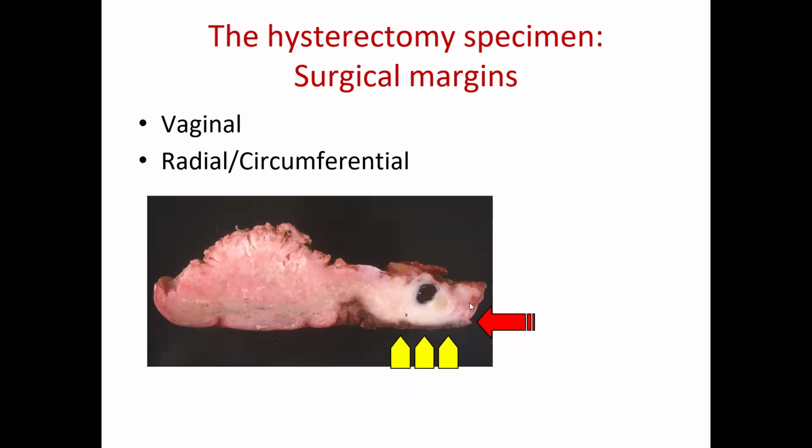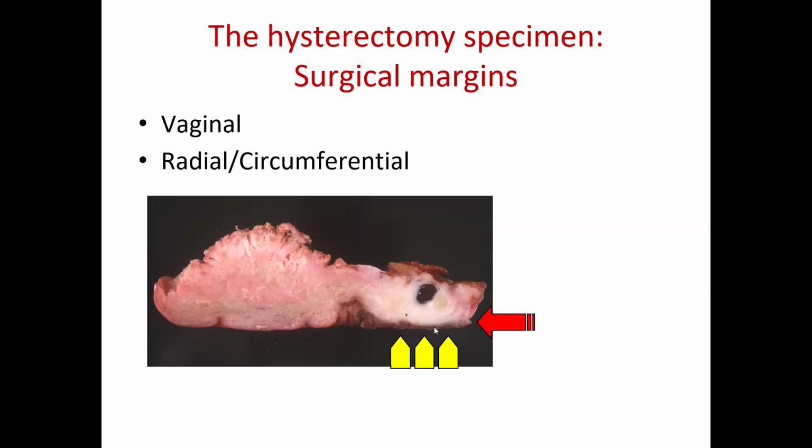We don't cut the uterus this way anymore, but this is in the old days when we used to cut the uterus sagittally. I like this picture because it highlights the surgical margins of the uterus. So how many surgical margins do we have for the uterus? Again, the vaginal margin, which is this point here, this is where vagina continues. And then there is the radial or the circumferential margin, which is the bare surface of the cervix.